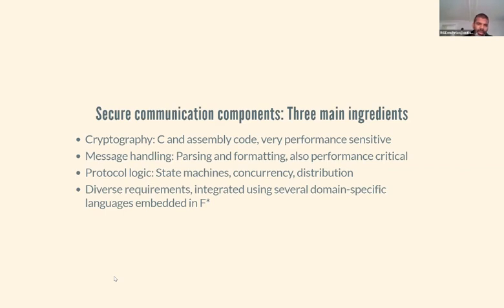And the way we do that is to embed in a single proof assistant, F*, various DSLs that enable us to program, say, both cryptography and message handling, and then compose their theorems to get a single theorem about the code that we extract.